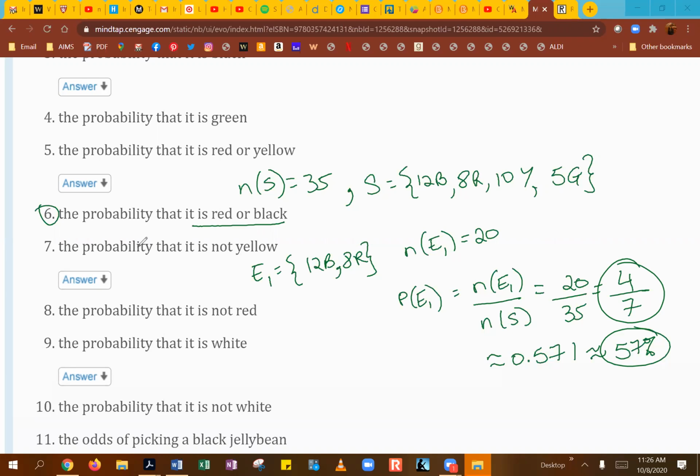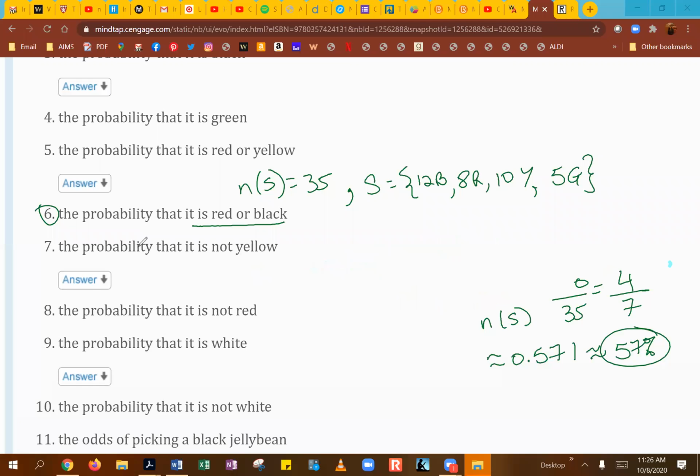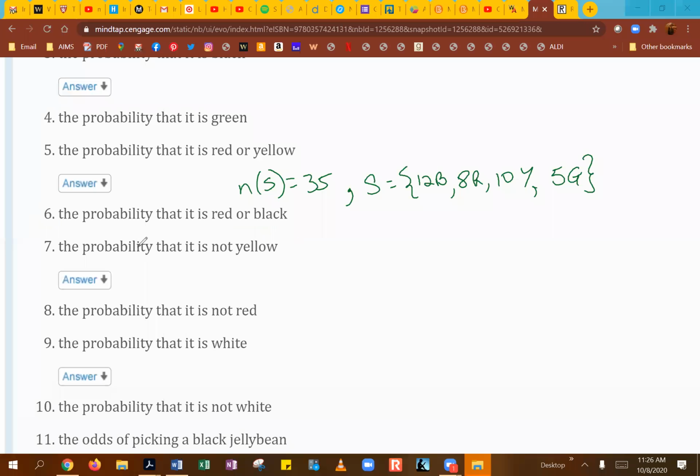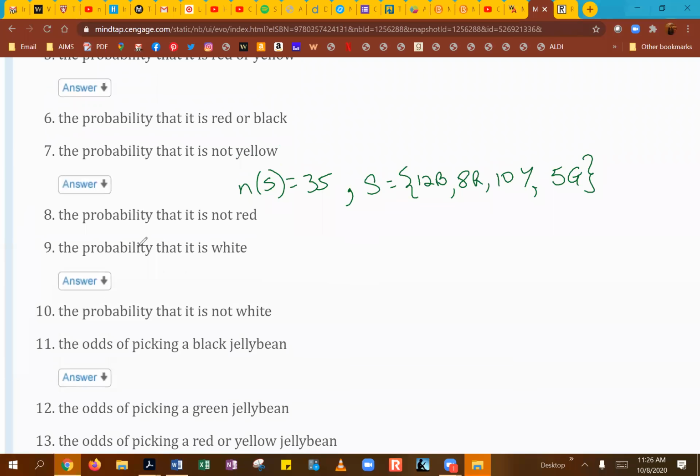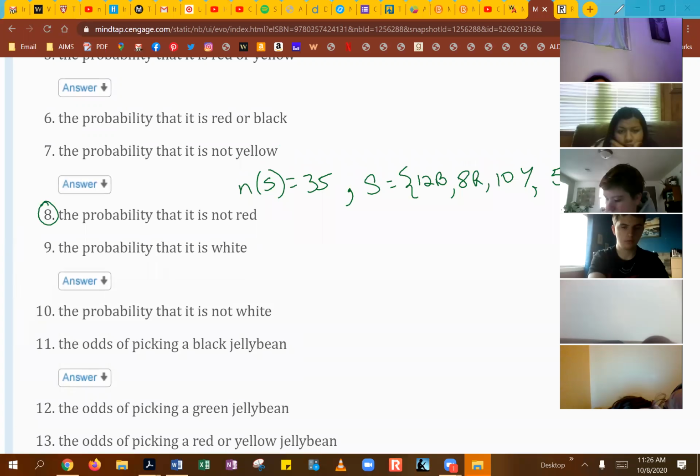Okay, so let me ask you, I'm going to keep our sample space, and let's do number 8 next. They want to know what is the probability that it is not red.